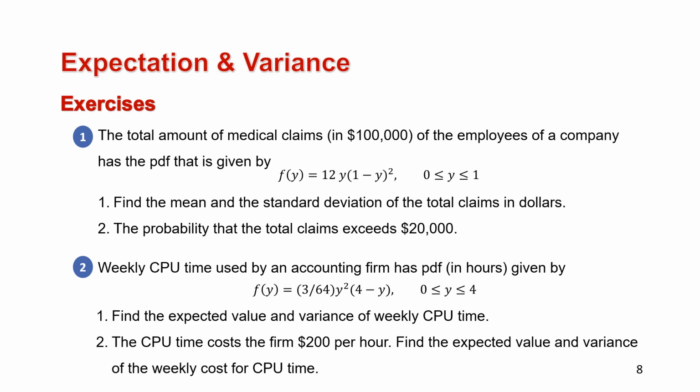Look here, I have f of y equal 12y times (1 minus y) squared. We should expand the bracket. Okay, it's better to expand the bracket first, or you can integrate by parts if you like. So let's expand this bracket.